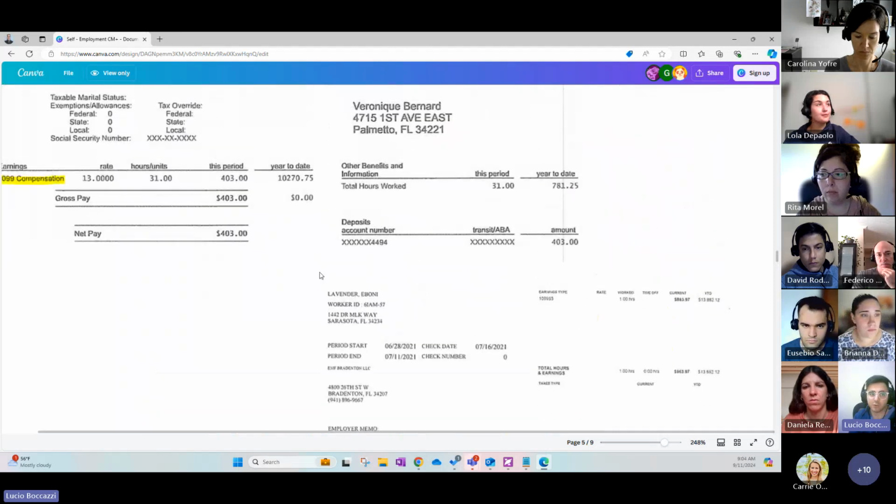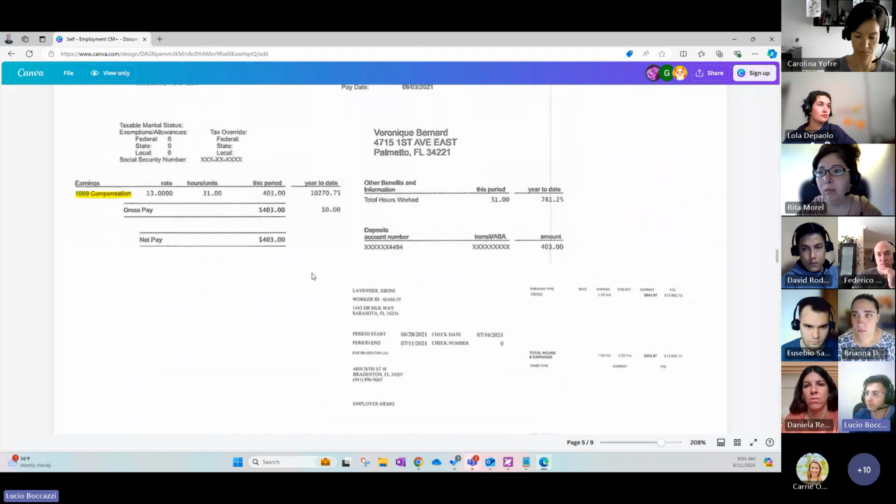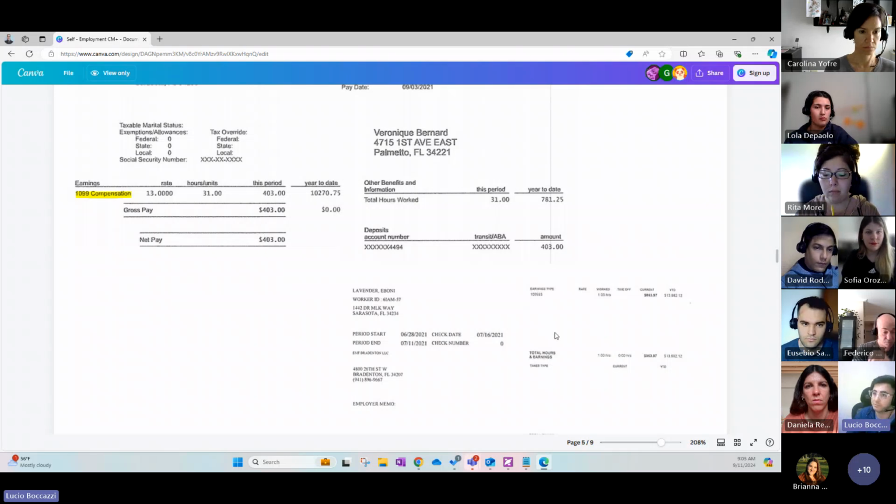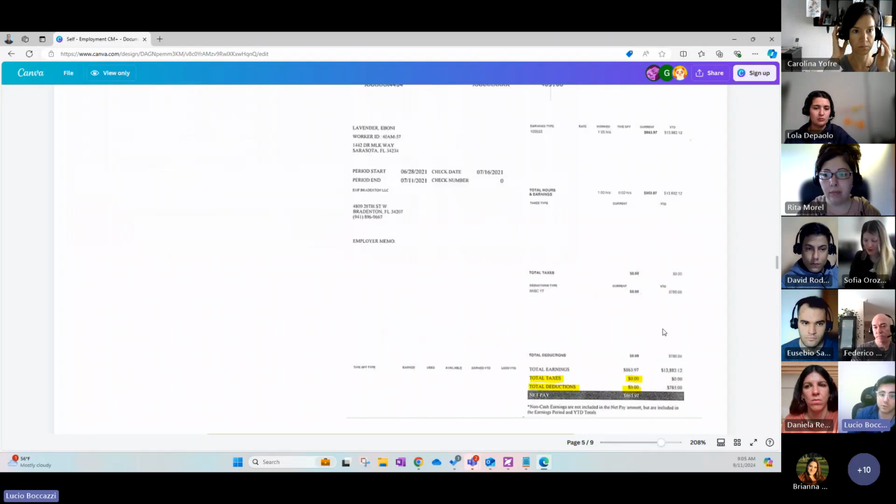So if you are reviewing a normal employment that was recorded as employment on a file and you come across one of these little red flags, you should issue a correction for the applicant to change it to self-employment, and then you'll follow the normal steps. Okay, but just like Fede was saying, if you see that there are no deductions nor taxes, that should be a red flag that you're actually dealing with self-employment.